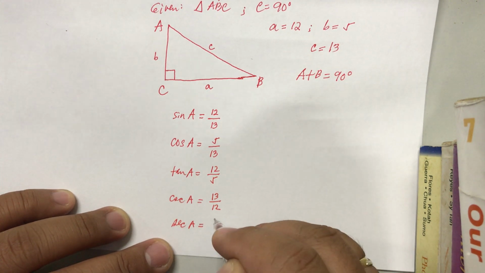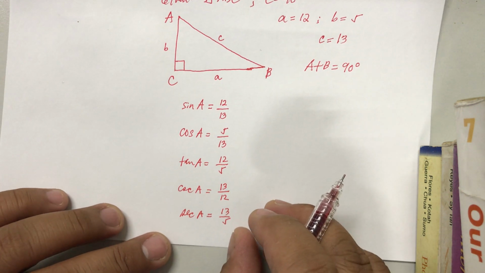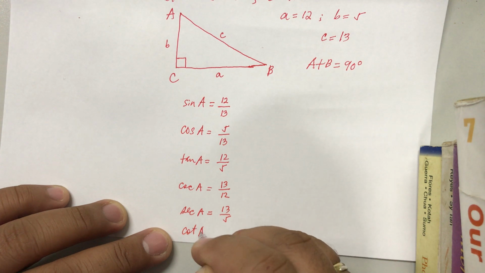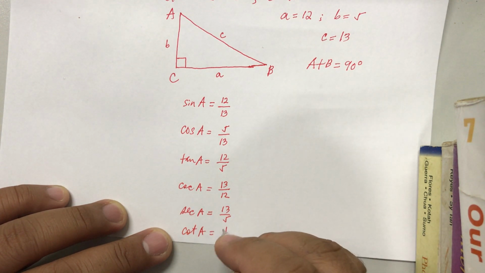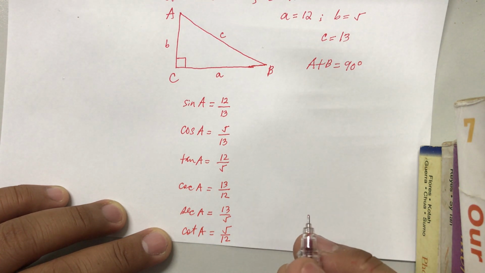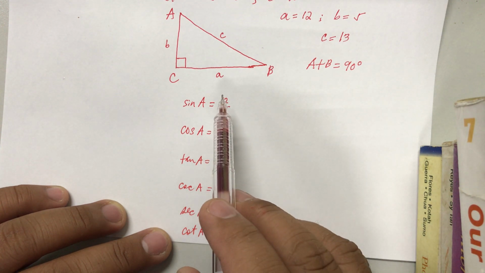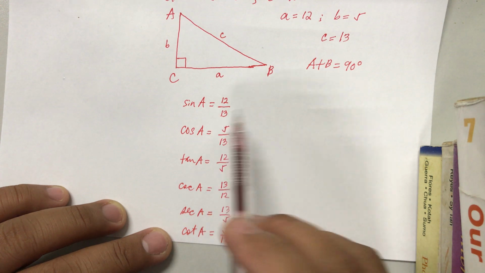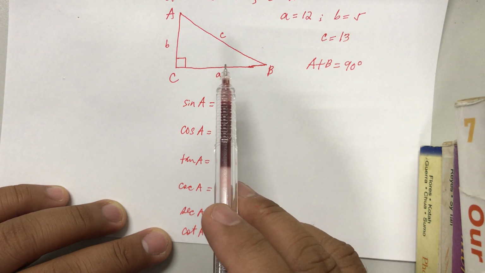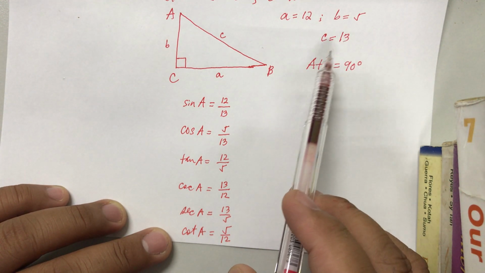Secant of angle A is 13 over 5, since secant of angle A is the reciprocal of cosine of angle A. Cotangent of angle A is 5 over 12, since cotangent is the reciprocal of tangent. So these are the six trigonometric function values for angle A, given that in triangle ABC, side a is 12, b is 5, while c is 13.